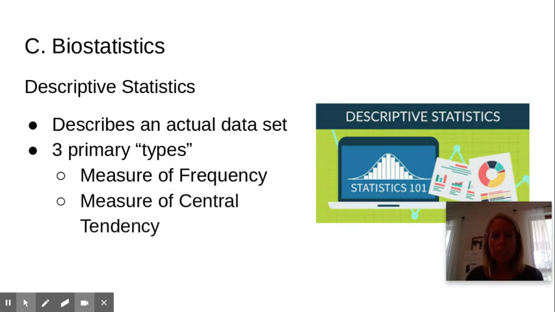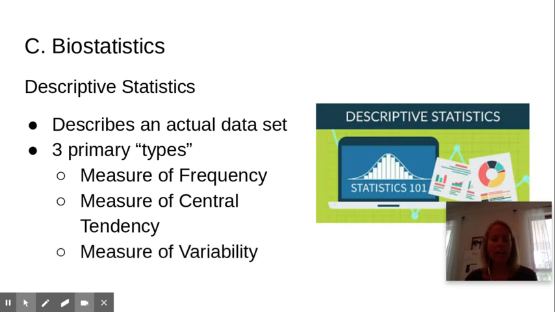Measures of central tendency are the second big type of descriptive statistics that we need to be aware of. And the last are measures of variability. Variability, think of variety and variation, so differences that exist within our data. So we're just going to go through it in that order, and you're going to be able to fill in the chart as we go.